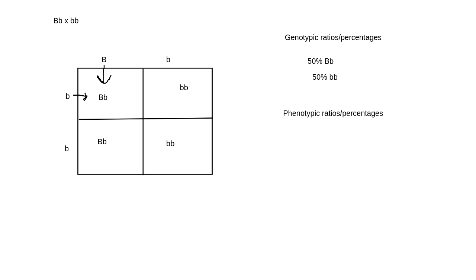But if we had a different problem and I had big B, big B, then that would be a different genotype, but I could combine the big B, big B genotype with the big B, little b genotype because that gives me the same phenotype. Both of those groups are then brown.